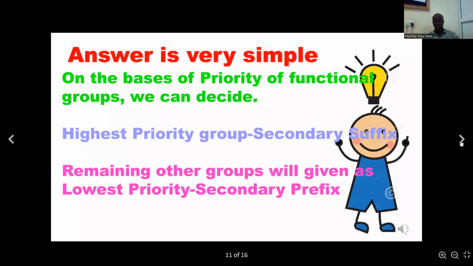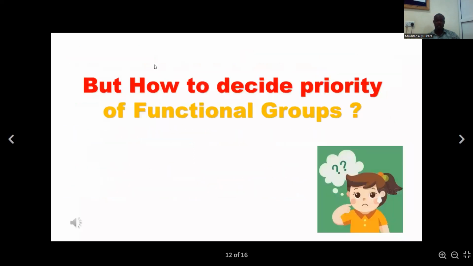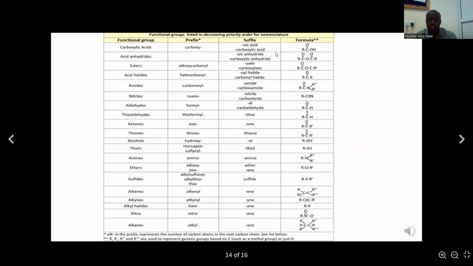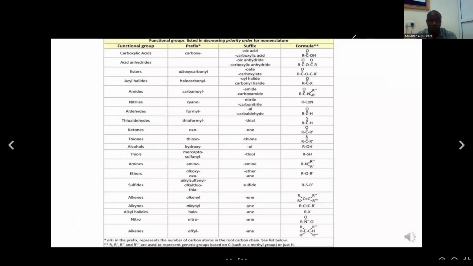So let's look at the listing. But how do we decide the priority of functional groups? There is a table. Just remember this priority table is very, very important whenever you are naming. So this is the priority table. In this priority table, priority is given starting from the beginning.